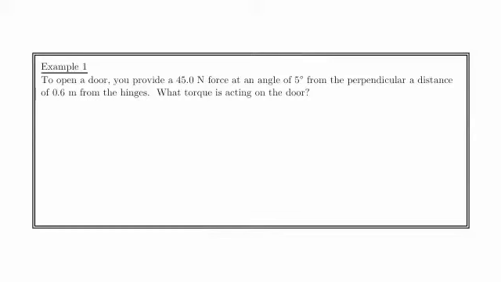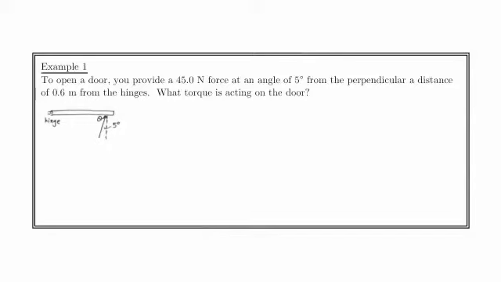To open a door, you provide a 45 Newton force at an angle of 5 degrees from the perpendicular, a distance of 0.6 meters from the hinges. What torque is acting on the door? We'll draw a little diagram. We're going to push this door, and we push it at an angle of 5 degrees to the perpendicular.